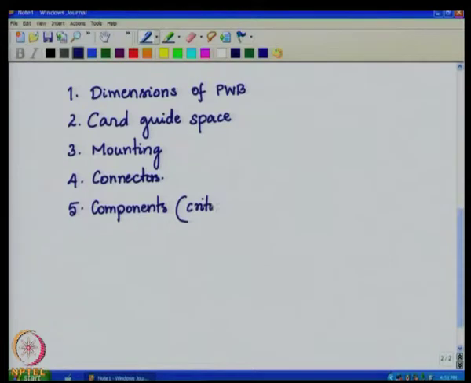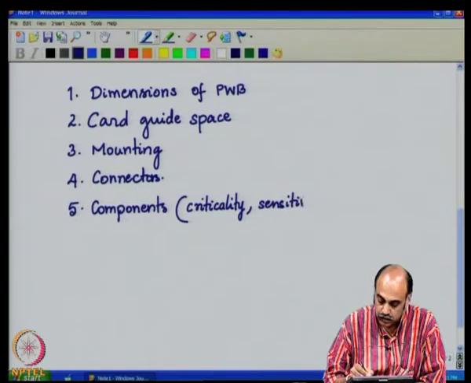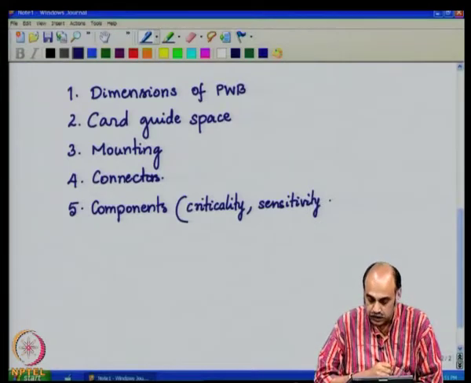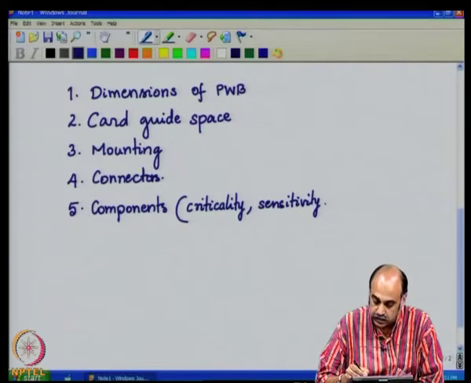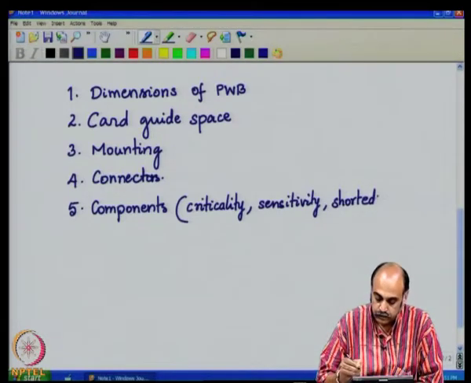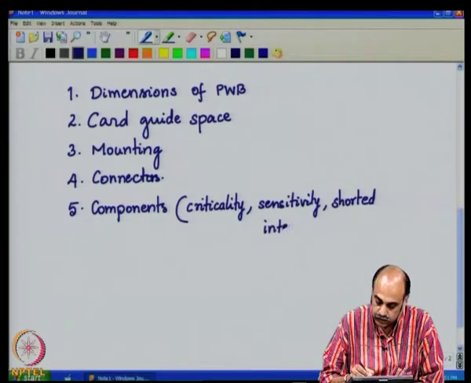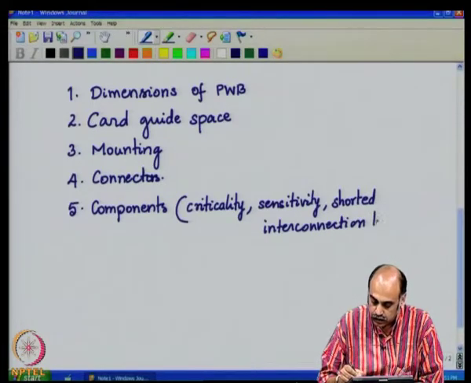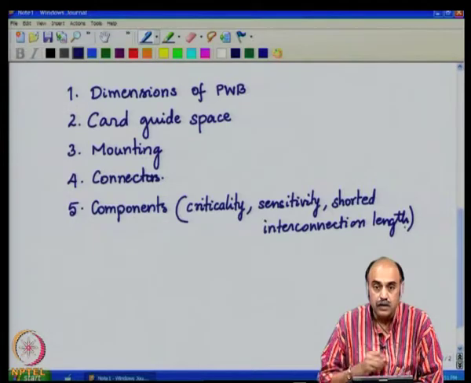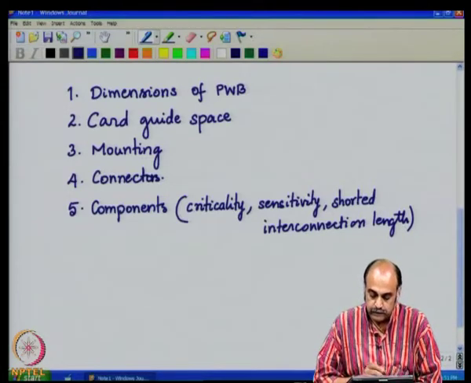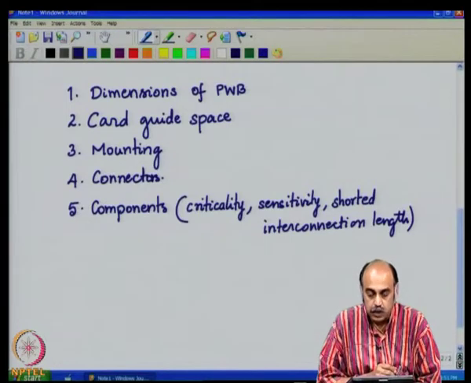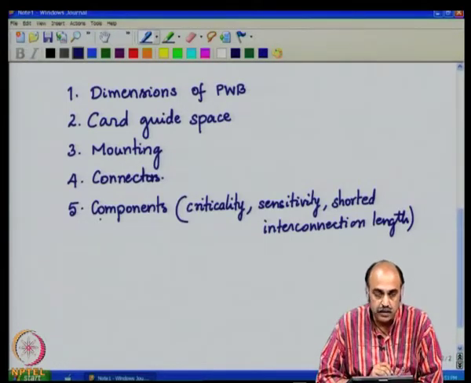Criticality of the components, sensitivity to various issues like values of the parasitics, shortest interconnection distance or length. These are some of the issues that will determine how you go about placing the components.